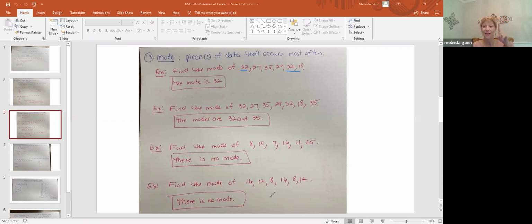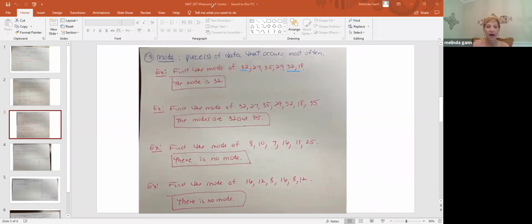So sometimes you'll have 1, sometimes you'll have more than 1, sometimes you won't have any. Okay, but it cannot be every number in the list. So if all the numbers occur once, no mode. If all the numbers occur 4 times each, no mode. So it can even be most of the numbers, it just can't be all the numbers. Okay, all right, so that's how I do mode.